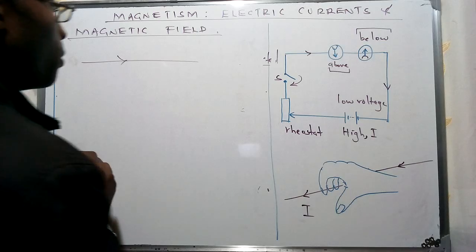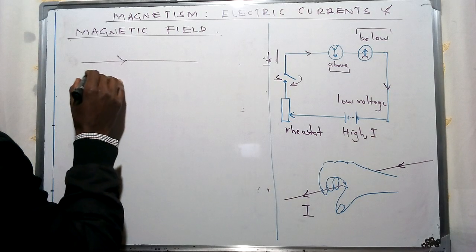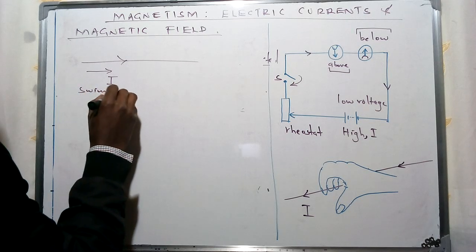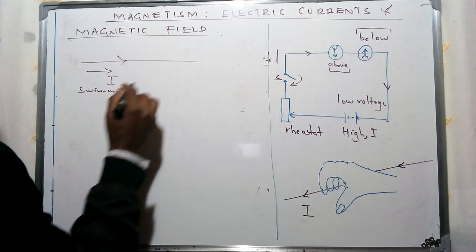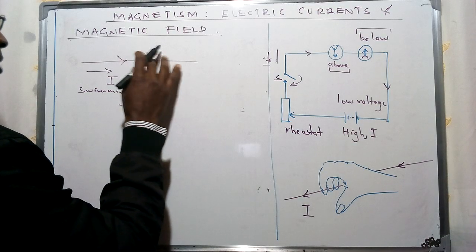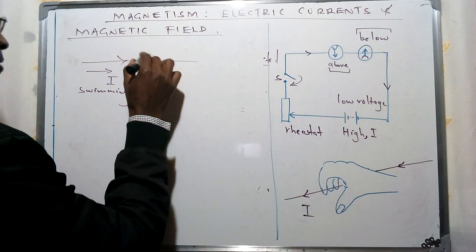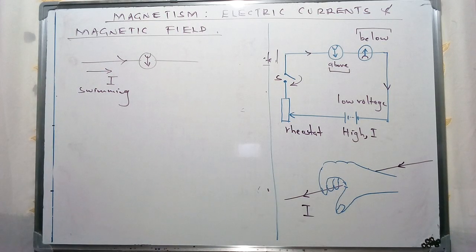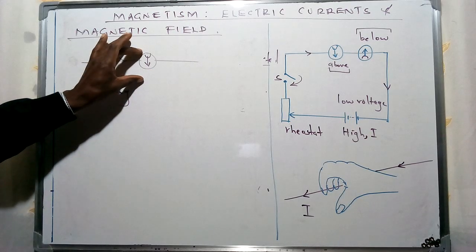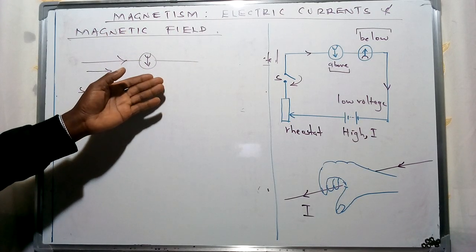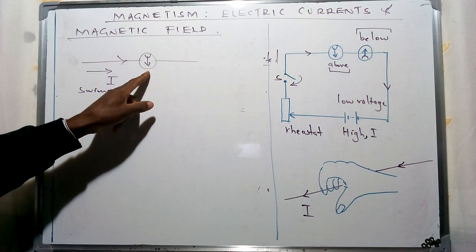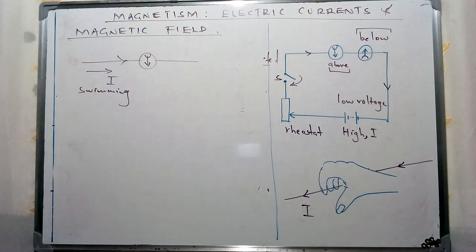Ampere's swimming rule states that if a person is swimming along the direction of current, facing this plotting compass, which has been given in terms of this symbol, then the person's left hand is going to be facing the pointer.